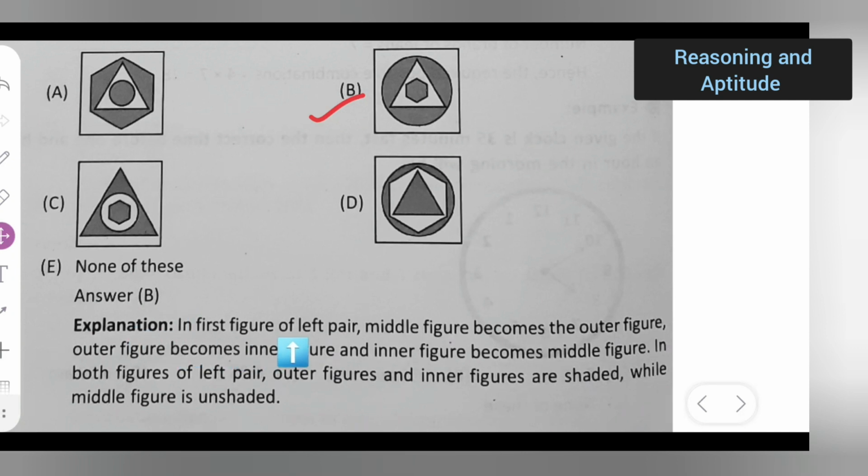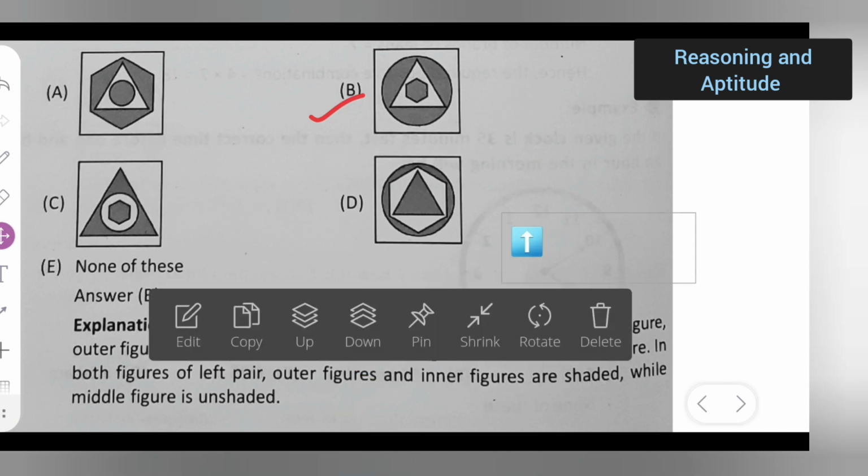In the first figure of the left pair, the middle figure becomes the outer figure, the outer figure becomes the inner figure, and the inner figure becomes the middle figure. In both figures of the left pair, the outer figure and inner figure are shaded while the middle figure is unshaded. That's the only reason why option B is the correct option.